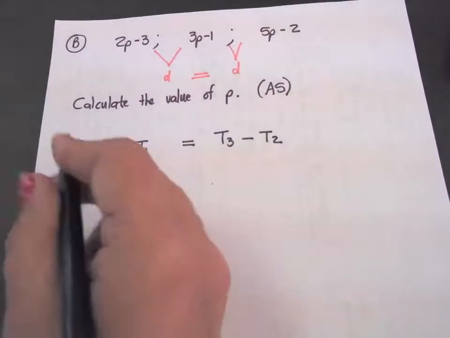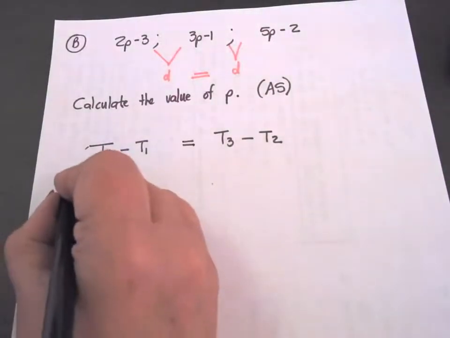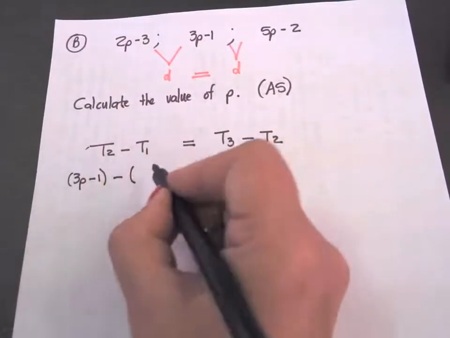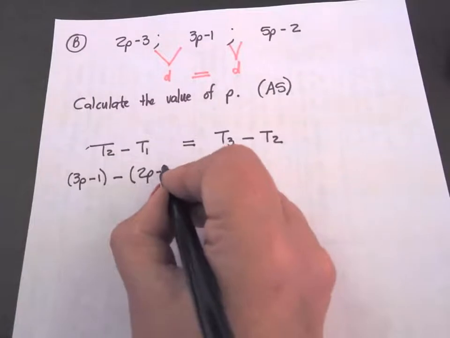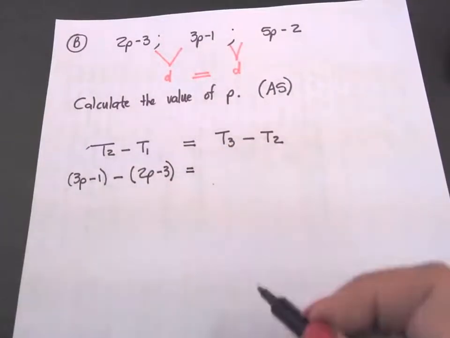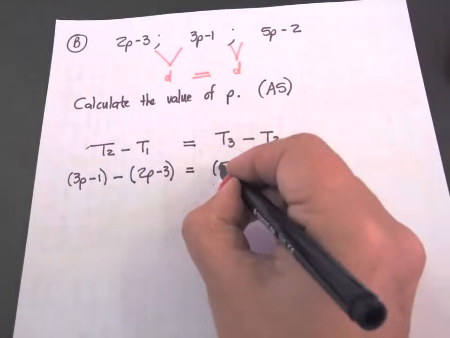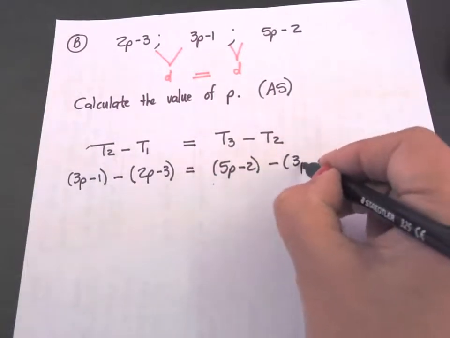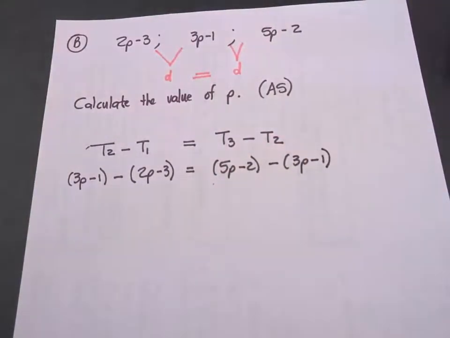Now we can substitute the values. Term 2 is 3p minus 1 minus term 1 is 2p minus 3. That will be equal to 5p minus 2 minus 3p minus 1.